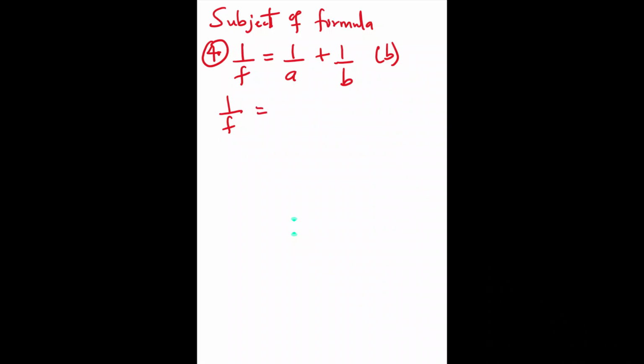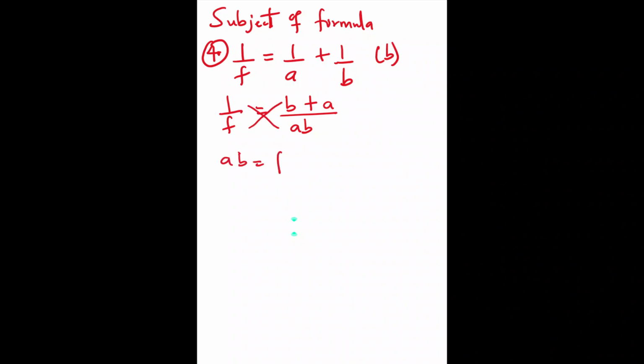So now we can find the LCM of a and b. The LCM of a and b will be ab. So ab divided by a will be b times 1. B times 1 will be b. Okay, plus ab divided by b will be a. A times 1 is a, right? So now we have b plus a over ab.